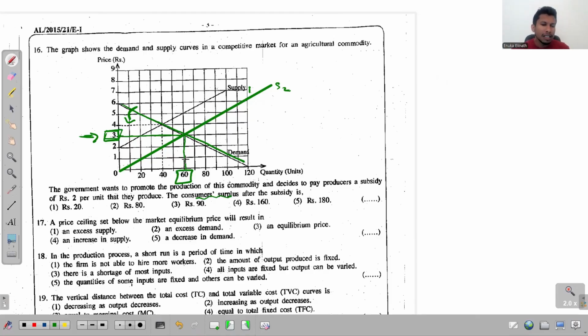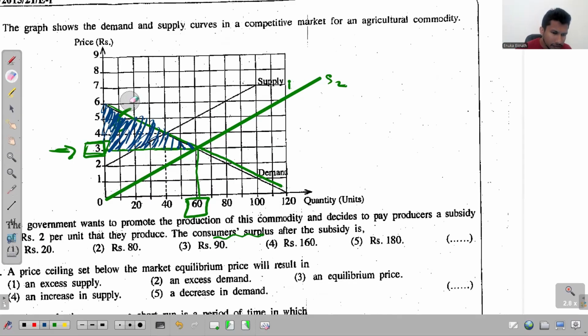Which region satisfies all these 3 conditions? This region satisfies all the 3 conditions. Right?